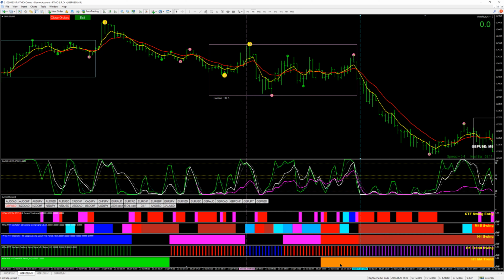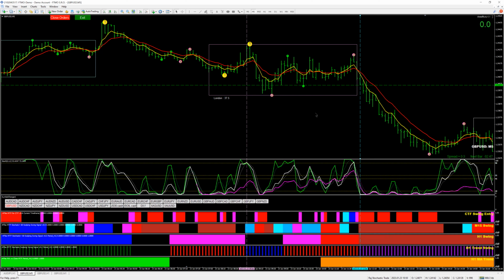That is my entry. The one at the bottom is basically when the close happens below the two moving averages, and this is on a 1 hour. So I'm getting a moving average trend, a stochastic trend, and a stochastic entry. And there's my entry, okay?